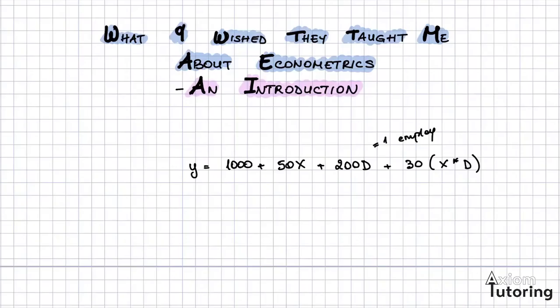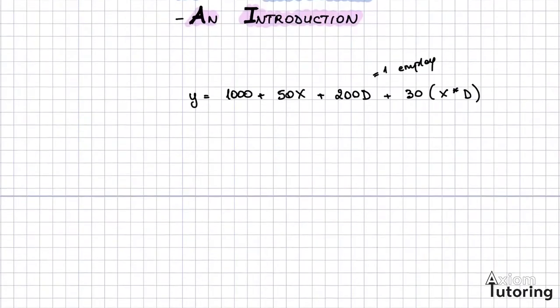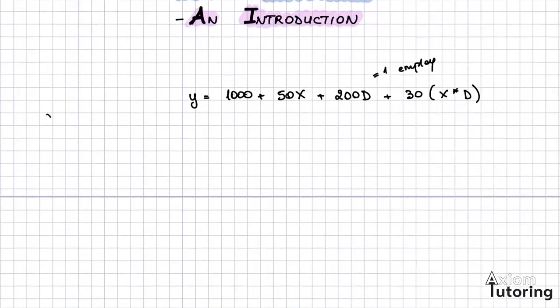So let's write the two group equations case by case like we've always done. In this first case, we're going to have D equal to 0. So keep in mind, we're working with the unemployed subsample here.